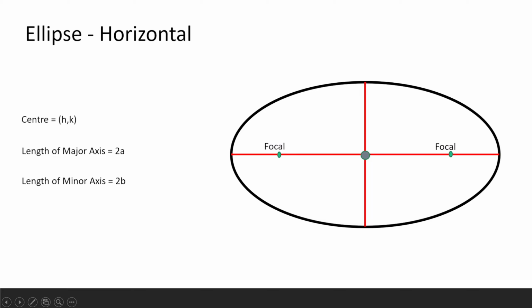An ellipse has two focal points as well, and the distance between one of the focal points and the center point is c. Given the values of a and b, we can find the value of c using the formula c squared is equal to b squared minus a squared.